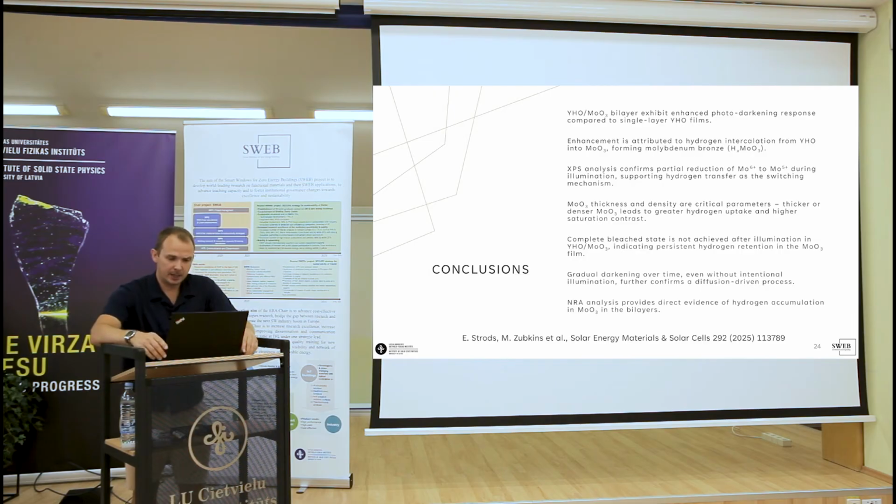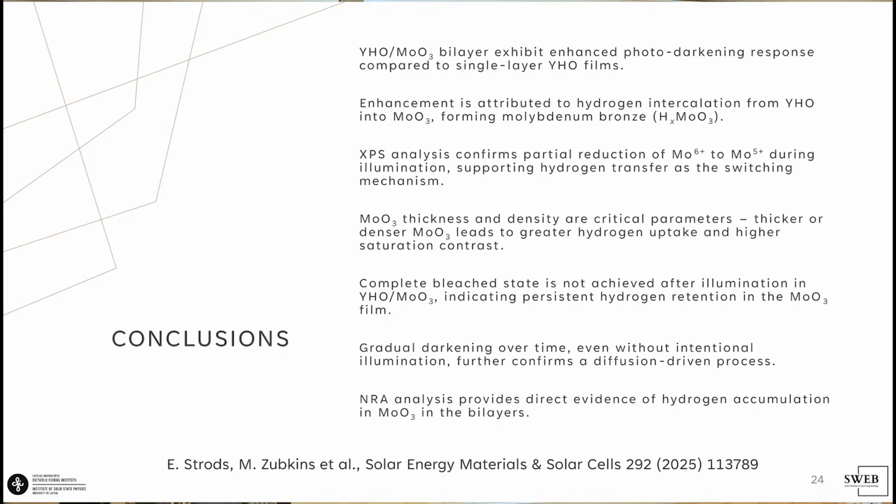And these are the conclusions. Well, we observed enhanced photodarkening in bilayer structures compared to single layer yttrium oxide hydride. This is related to the hydrogen intercalation from yttrium oxide hydride, forming molybdenum bronze. XPS proved partial reduction of molybdenum 6 plus to molybdenum 5 plus.